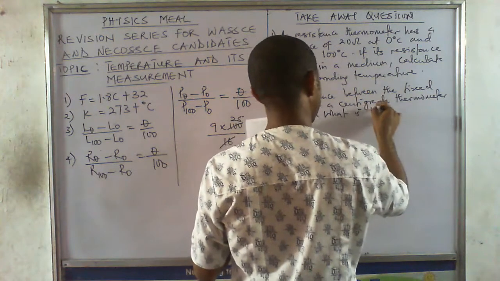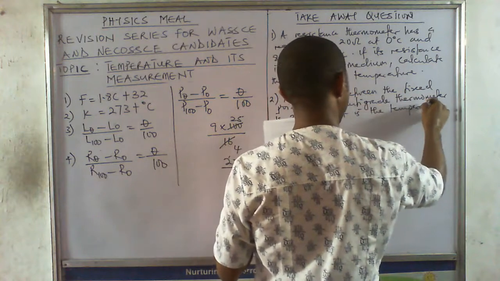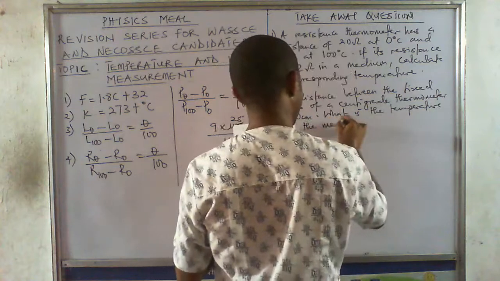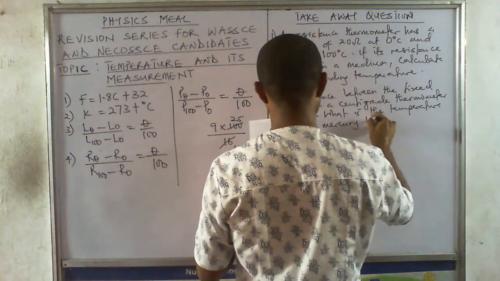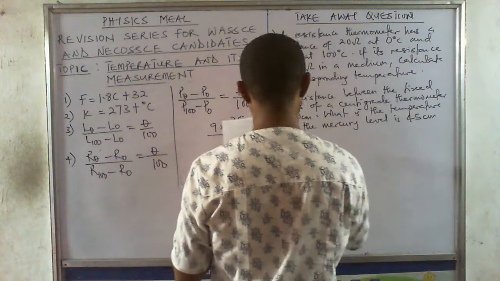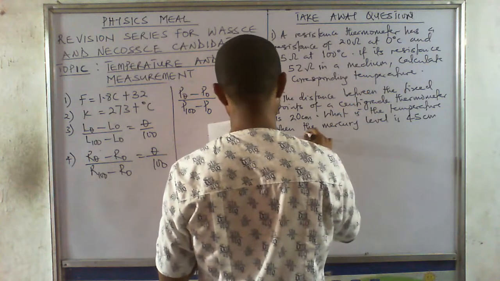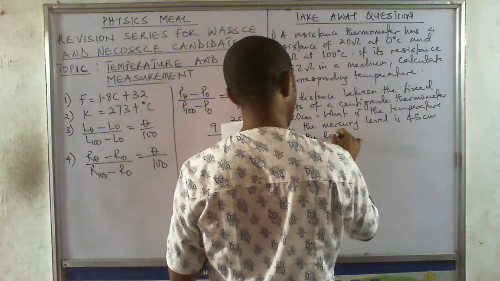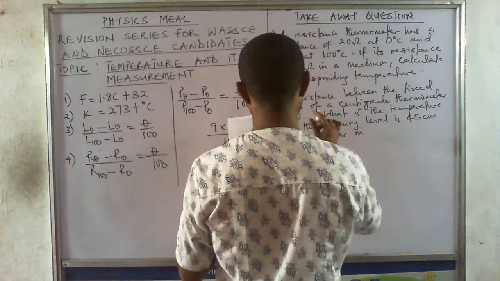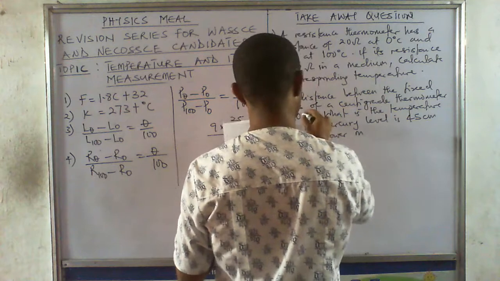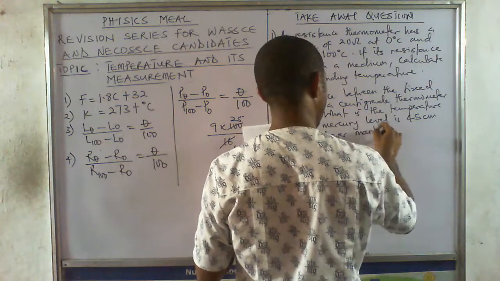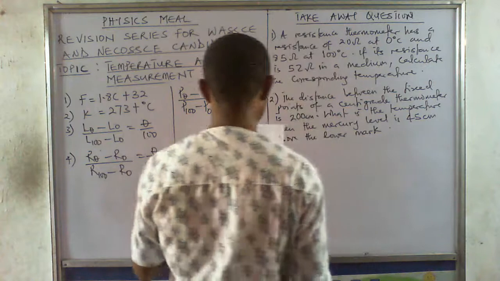What is the temperature when the mercury level is 45 cm above the lower mark? This should be 200 cm above the lower mark. Okay.